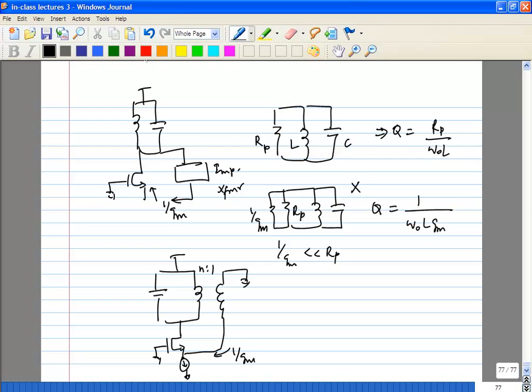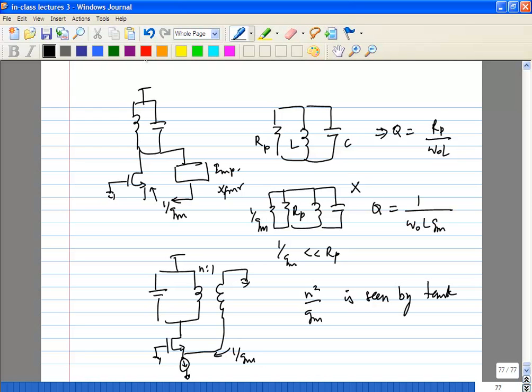Let's say you have a turns ratio n is to 1. So what is seen by the tank? N square by Gm. So this is one way to do it.